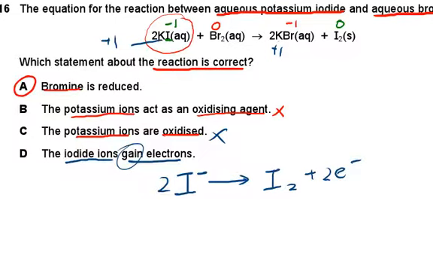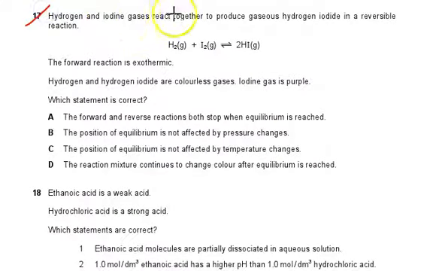Okay, let us move on with the next one. Hydrogen and iodine gas react together to produce gaseous hydrogen iodide in a reversible reaction. The forward reaction is exothermic, which means it releases a lot of heat. So to make the equation move forward, to the right, your temperature must be under control, lower, and we need to increase the pressure.